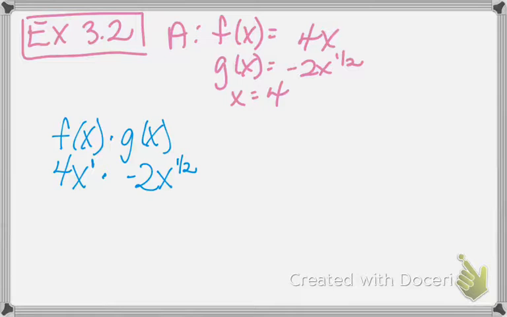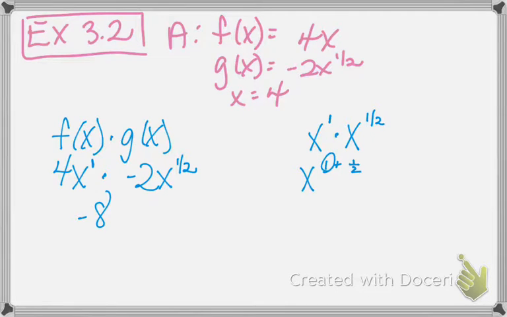All right, I'm going to multiply the 2 things I do know, 4 times negative 2, that's going to give me negative 8. And then x, and I'm just going to write it over here just so that I don't make any mistakes. x to the 1st power times x to the 1/2, same process as before. I need to add them. x to the 1 plus 1/2.